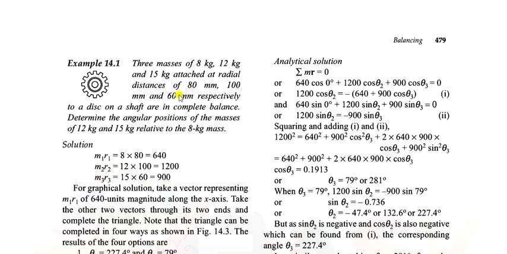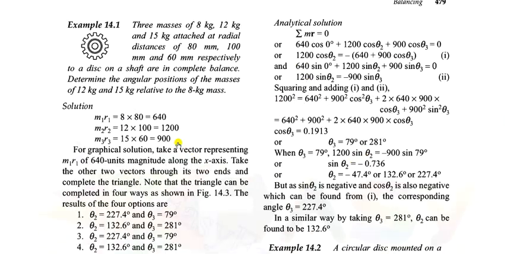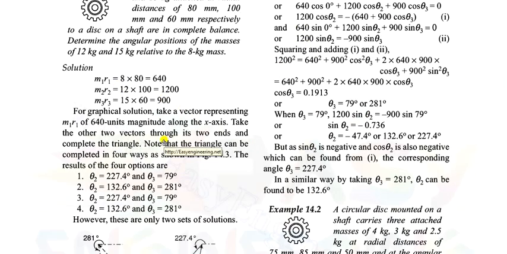You can do this problem by two methods, graphical method and analytical method. Okay, so in the graphical method, if you see, this one is your mass 1. We have to find out the angular position of these two with respect to this mass. So we will take this in the x direction and find the angle of these two with respect to the x axis.